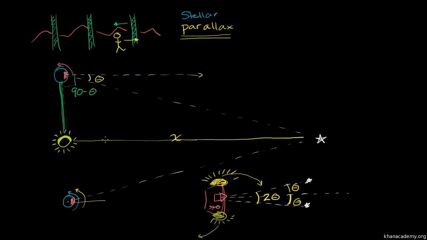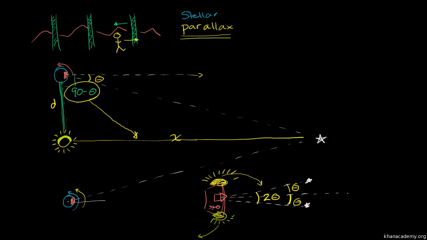Well, we need a trigonometric function that deals with the opposite side of what we're trying to find, and the adjacent side, which we already know. So let me call this the Earth-Sun distance, or let me just call this d. And we want to figure out x.